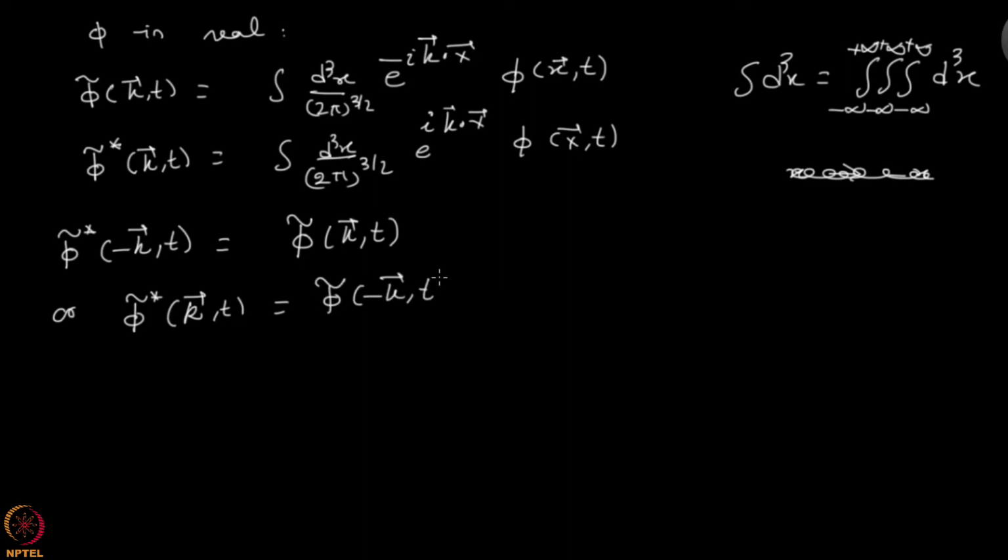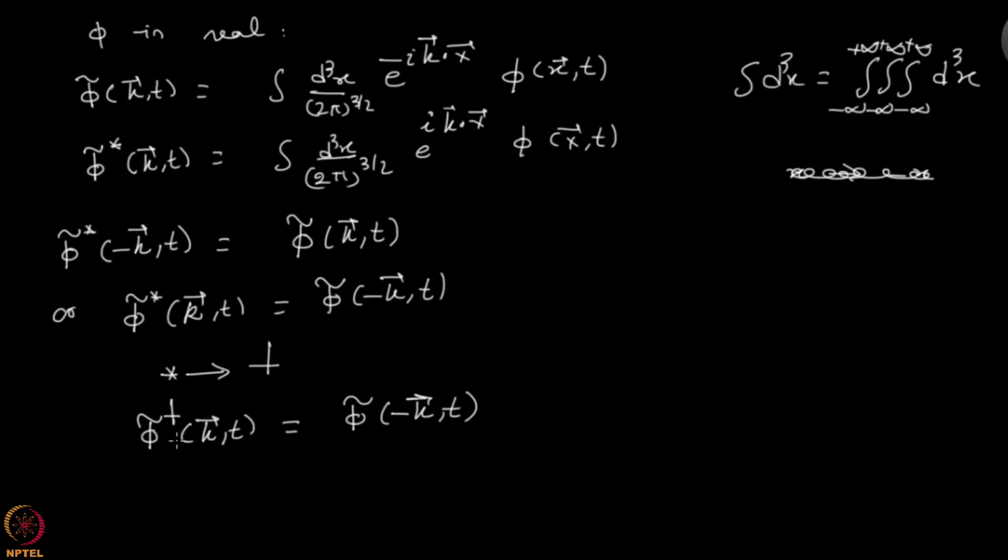And if you are going to quantize, then you know that star is going to be replaced by a dagger. So complex conjugation becomes Hermitian conjugation, and then you will have phi tilde dagger of k t is equal to phi tilde of minus k t. So that's the condition you get because phi is real.